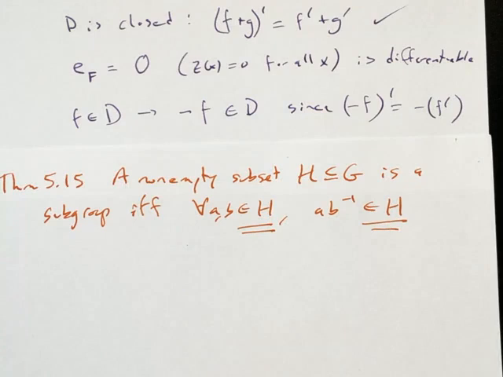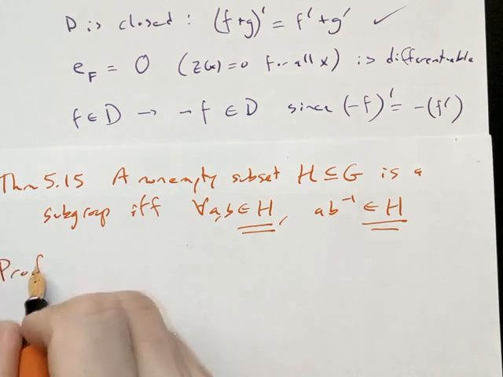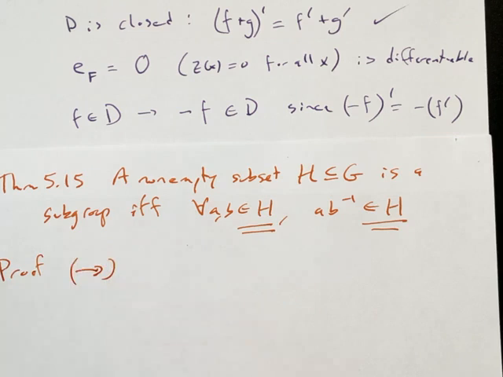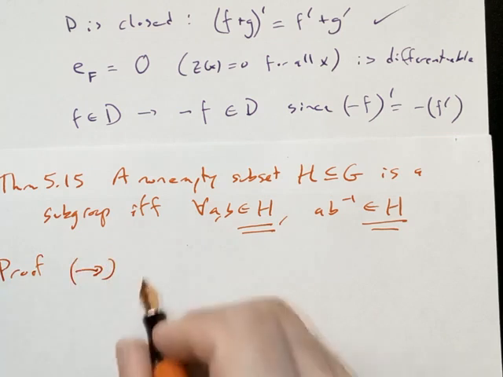This is another, the proof is literal definitions, but it's actually like 4 lines. And if and only if, prove an if and only if. Suppose H is a subgroup.